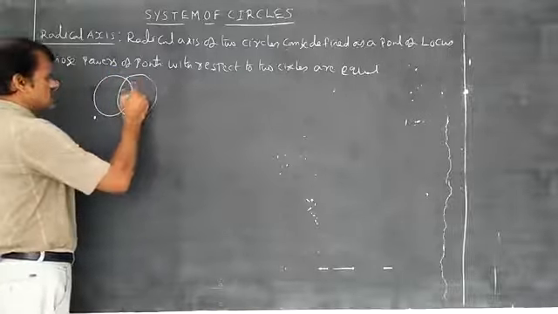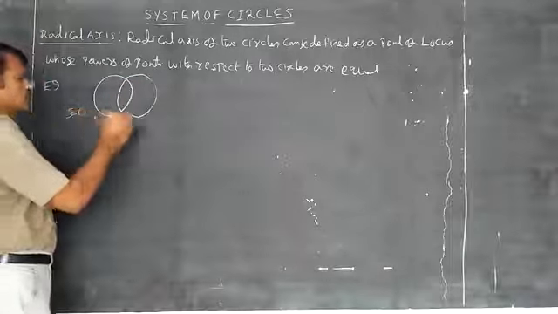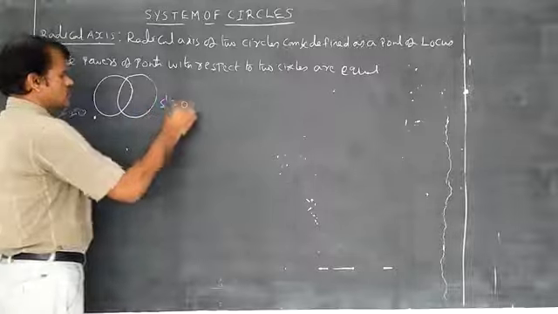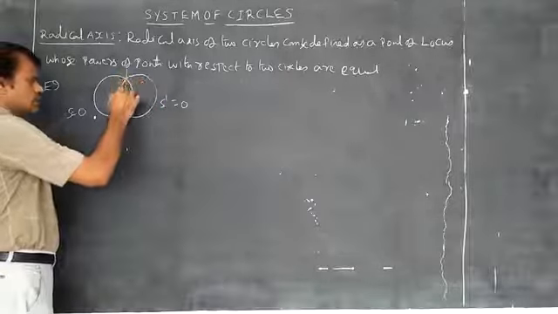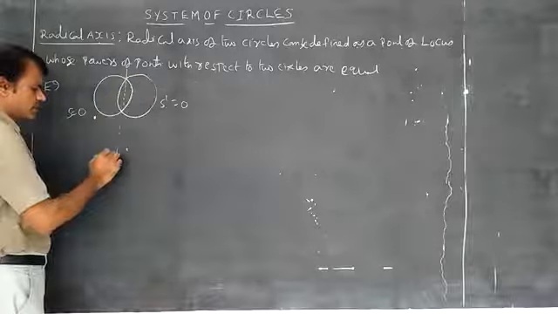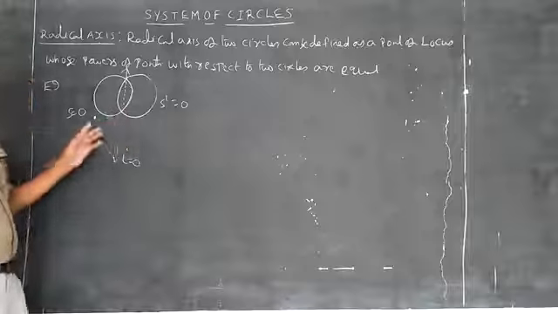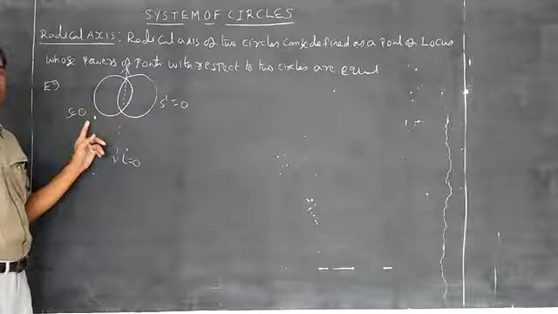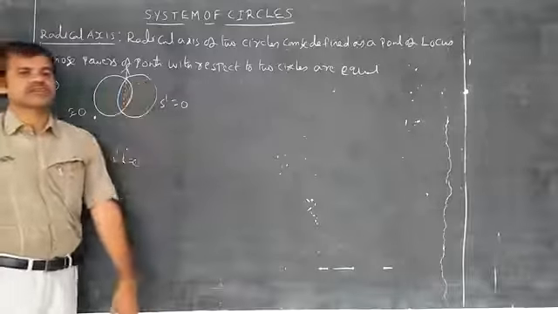is intersecting it. Let this circle be S equal to 0 and this circle S dash equal to 0. If we draw a line like this, it is the set of points L equal to 0. The line L equal to 0 is inside the circle S equal to 0 and also inside S dash equal to 0.